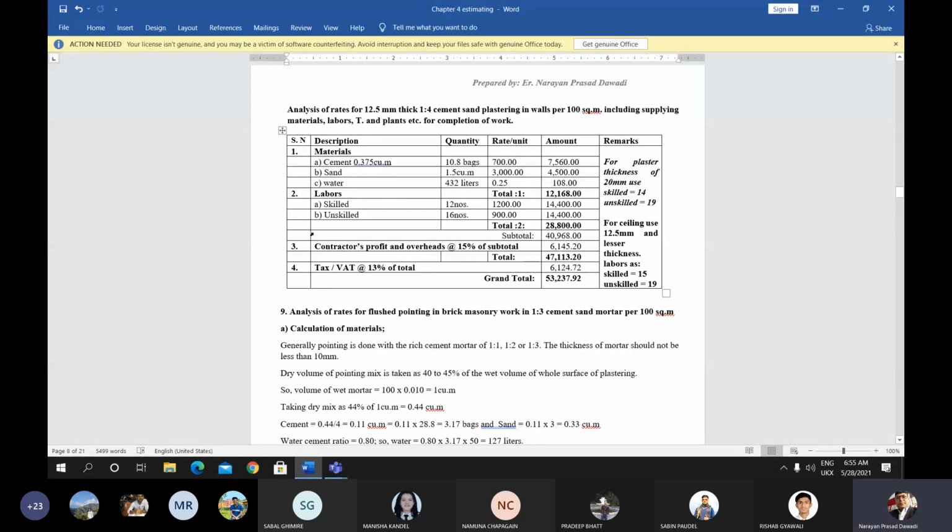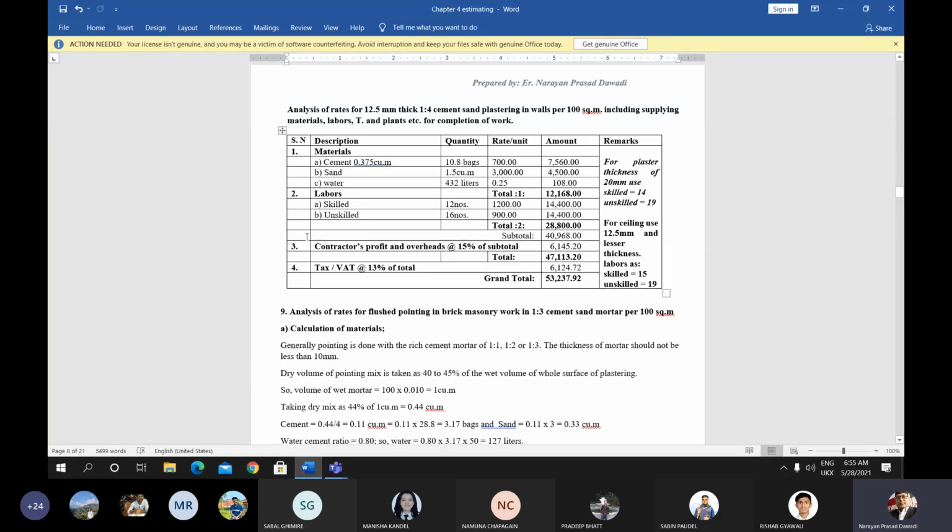Now you can put here the tools, plants, equipment as 3% of labor cost also. I haven't mentioned it here. You can use that for the scaffolding, because for the upper height of the building, you can use the scaffolding for carrying materials and for the labors during the process of plastering. So that is needed here.